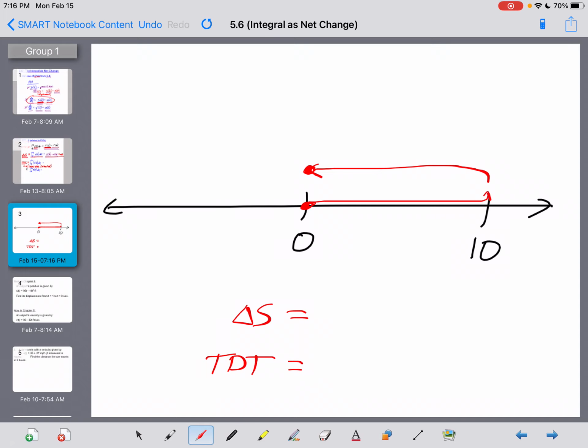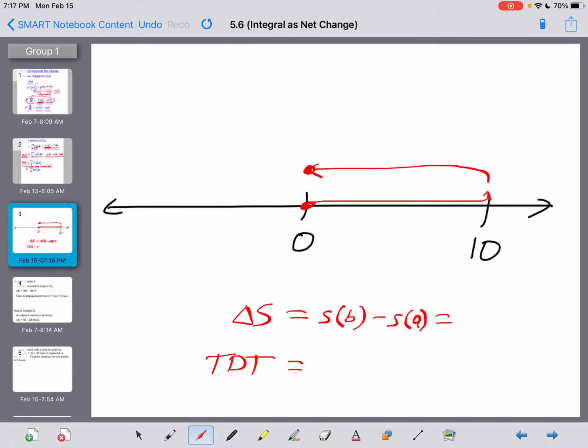Whether or not you already know the answers to these two questions is just a question of how well you understand these concepts of displacement and total distance traveled. The definition of displacement is net change in position. It was defined as position at time B, the ending position, minus the position at time A, the starting position.